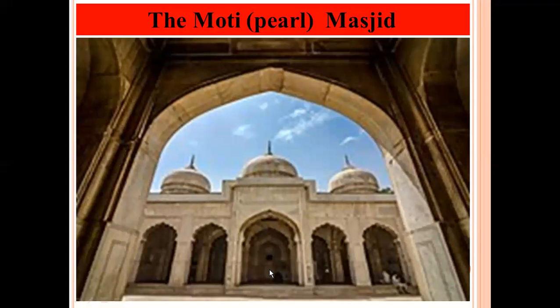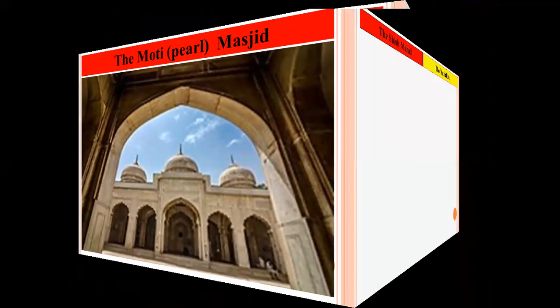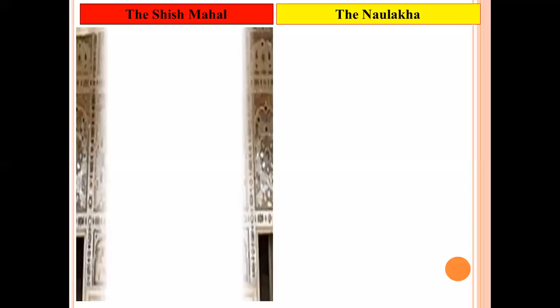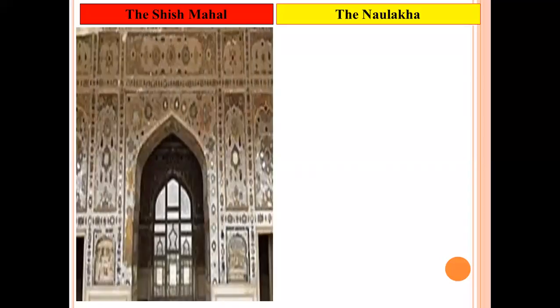Dear students, you can see the picture of the Pearl Mosque, which is inside the Lahore Fort. At that time, it was a good example of Muslim architecture. Here you can see other buildings like the Shish Mahal.